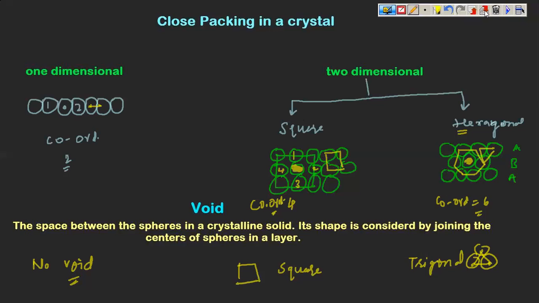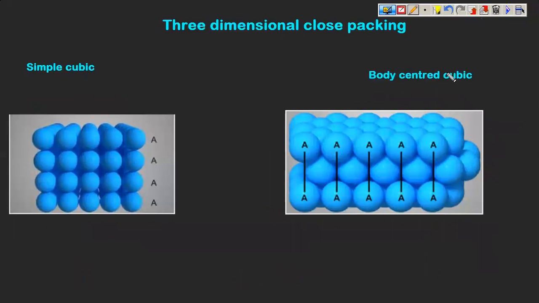Now we will see three-dimensional close packing. When rows are arranged, you will find layers. Two-dimensional close packing forms layers. This is layer 1, this is layer 2, this is layer 3.